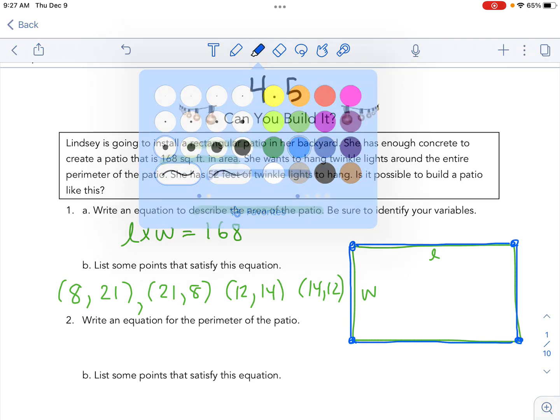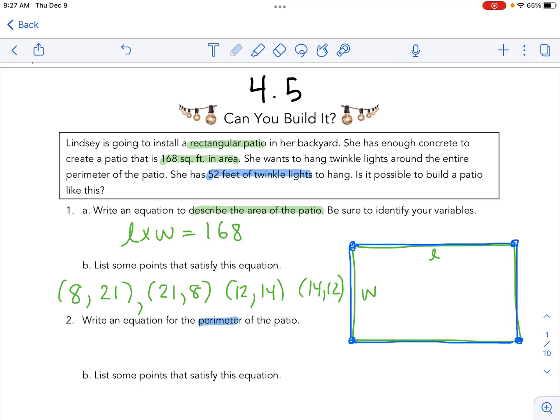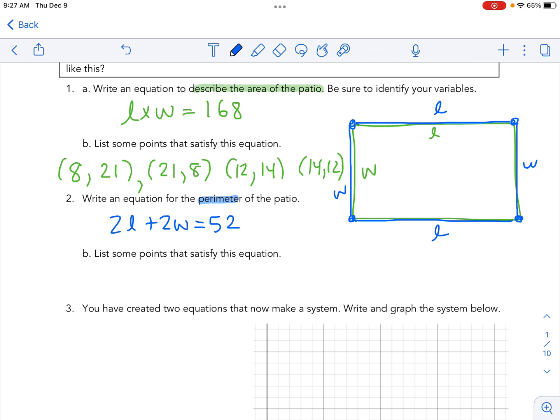Okay, let's move on to the perimeter. So it says write an equation describing the perimeter of the patio. So we know the perimeter then is this length, plus this width, plus this length, plus this width. So we have 2L plus 2W equals 52. Okay, and so again, they're asking you to list some points that satisfy this equation. So I'm just picking out general points.